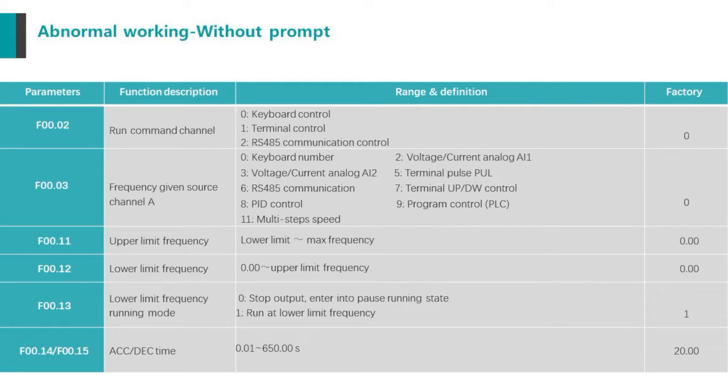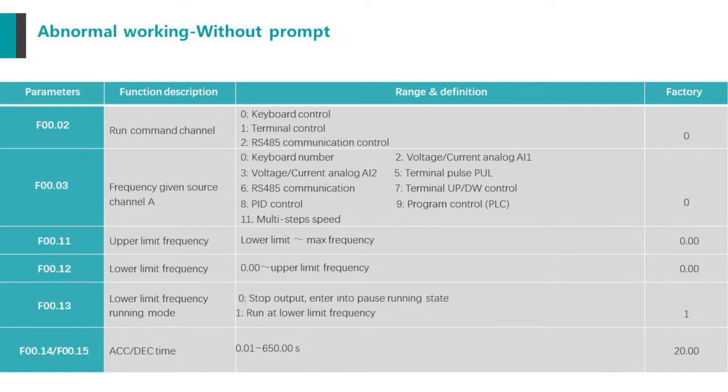If the running command is set improperly or the frequency given source is set improperly, you may find the inverter could not rotate or rotates not at the target frequency, such as the inverter may run at 0 Hz. For some motors rated 60 Hz, you need to set not only the target frequency, but also need to change the upper limit frequency, max frequency, and so on.